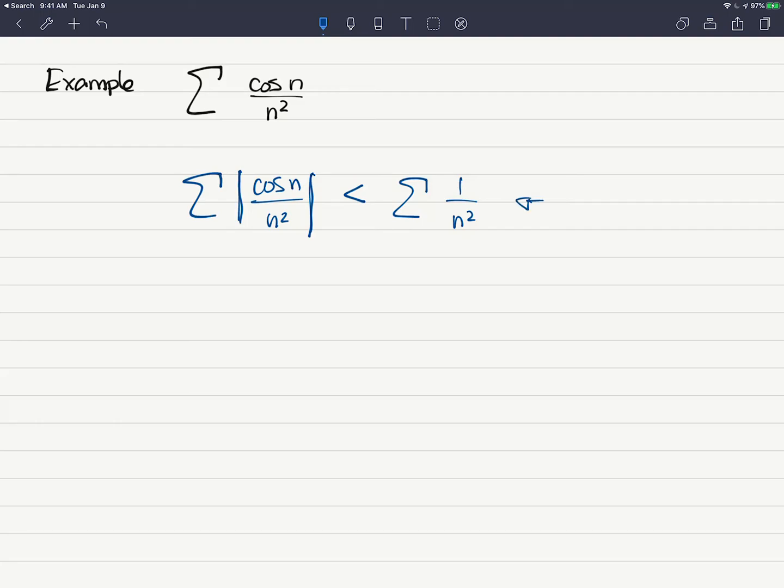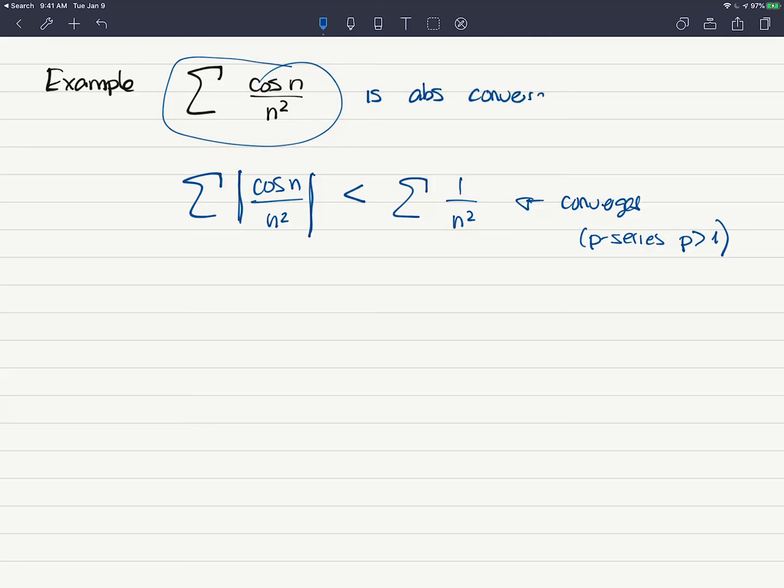And this is a P series, because it's a P series with P greater than 1. So since I proved that this series up here is absolutely convergent, because if I put absolute values around it, it converges, I know that then it is convergent.